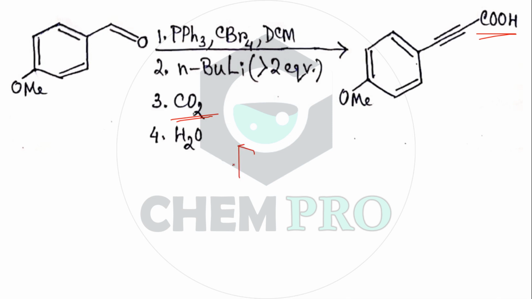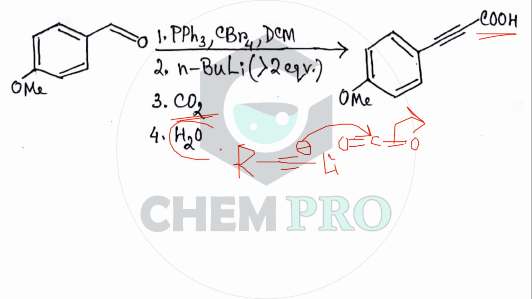So this alkyne negative will attack the CO2, like this, making it O negative. So after using water or H3O plus, we can just have the COOH.